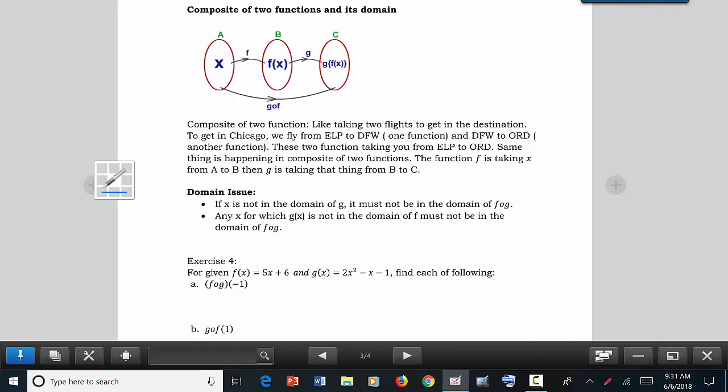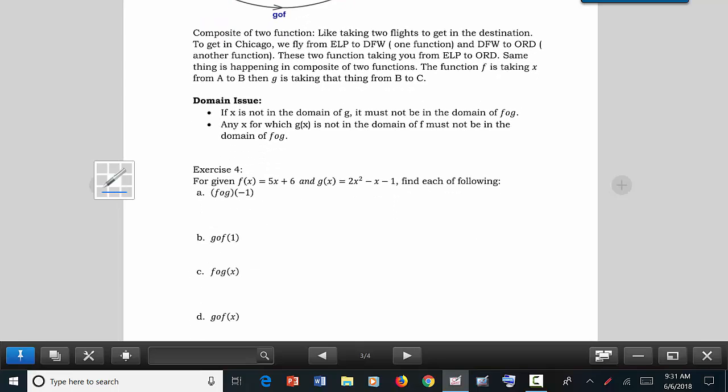Now here it is about the composite. F composite g of negative 1. The meaning of this expression is g is acting first at negative 1. Now g of negative 1, that means we use the function for g. That means we plug negative 1 here.